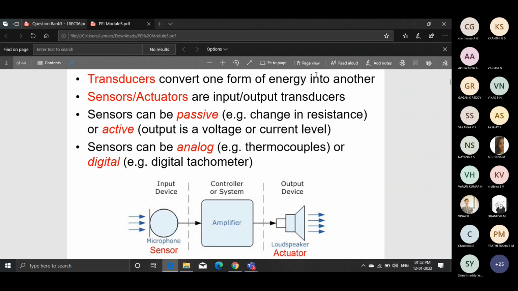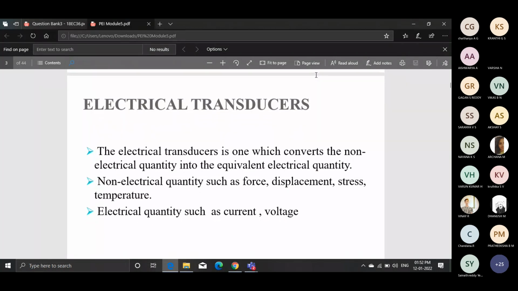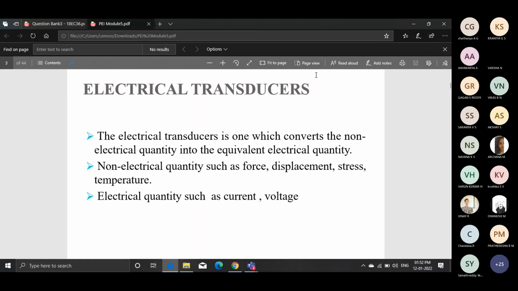So, first and foremost, as we have discussed the topic, there are electrical transducers and resistive transducers. First we should know what an electrical transducer is, then only can we go to the next topic. The electrical transducer is one which converts a non-electrical quantity into the equivalent electrical quantity. Like an audio signal: the audio signal we produce will be received by the microphone, and that microphone will convert it into an electrical signal.